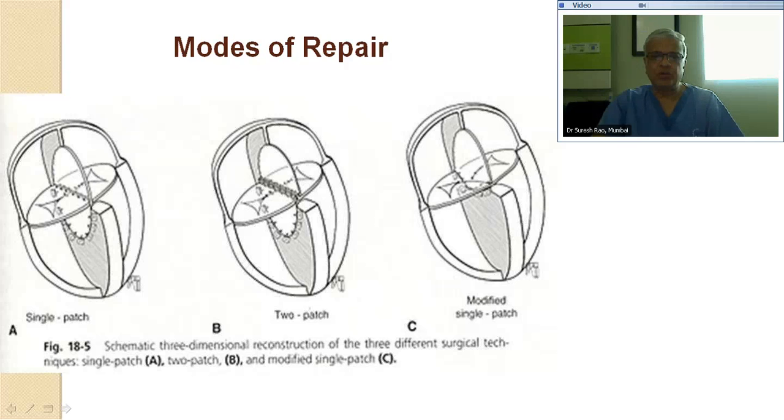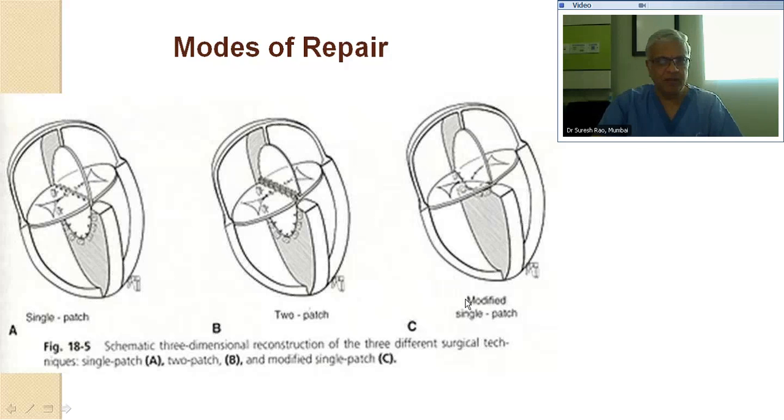Though the original authors applied this to all the techniques, I think now it is sort of popular in the transitional and also in smallish VSD patients. But generally, as always, most of the complete AV canals are repaired by the two-patch technique.